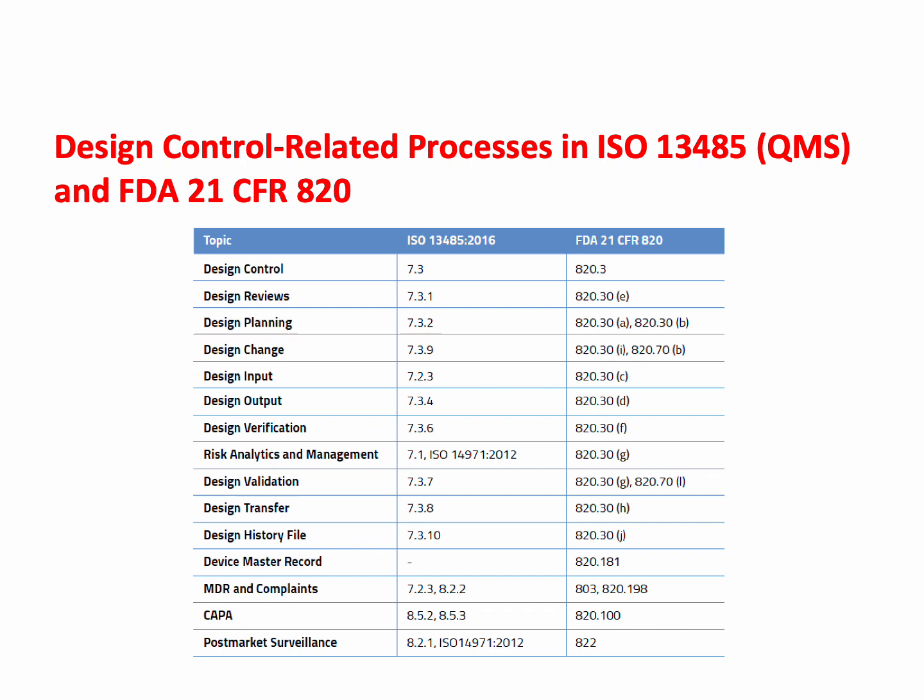You have the relevant sections that are again addressing the topic. So we have, for example, design control that you can see in ISO 13485 in section 7.3, and in FDA 21 CFR 820 you can find that in the part 820.30. So the same thing applies to the design reviews, design planning, design change, input, etc.